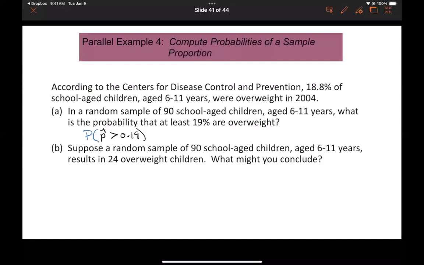I'm going to calculate the new standard deviation down below because I don't have enough room. So my mean sub p hat is 0.188. My standard deviation sub p hat is going to be the square root of 0.188 times 1 minus 0.188, divided by 90.